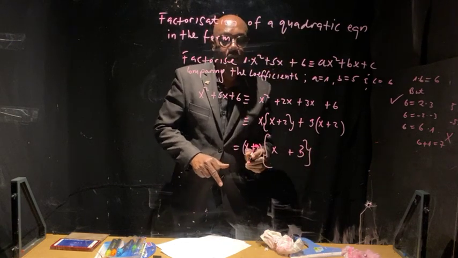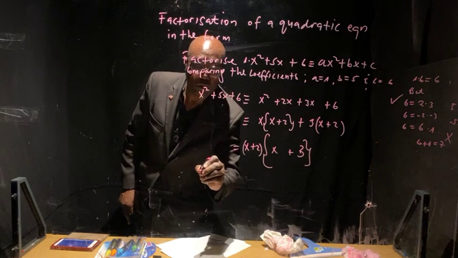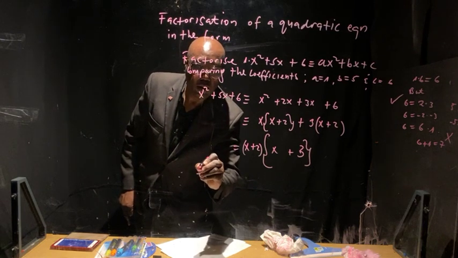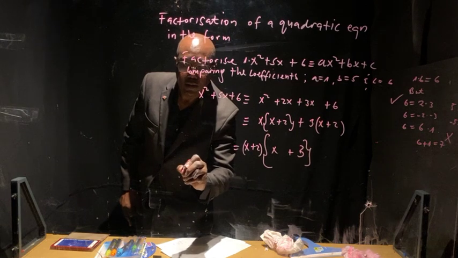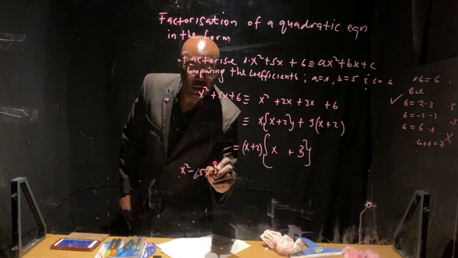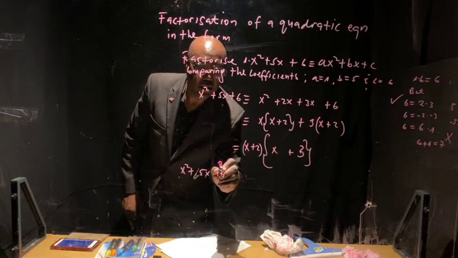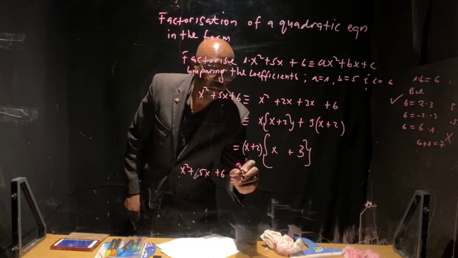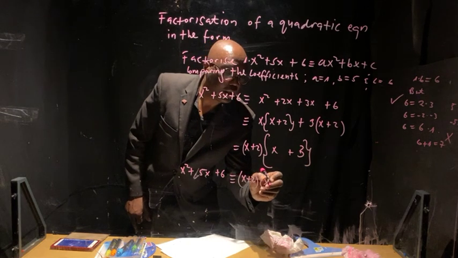So in this case, this quadratic equation that you see there, x squared plus 5x plus 6, is not different from x plus 2, x plus 3.